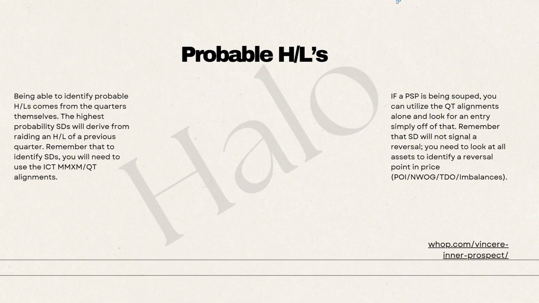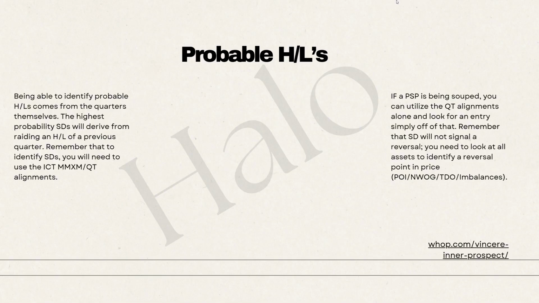Now, a lot of the times you sweep a PSP. So if a PSP is being swept, you can utilize the QT alignments alone, meaning if you have a 90-minute cycle sequential SMT, you can simply just look for a 5-minute PSP to be swept, right? And then continue on off of that, right?